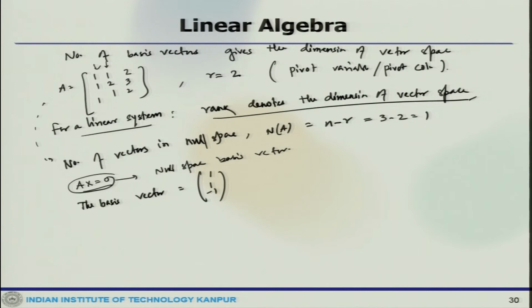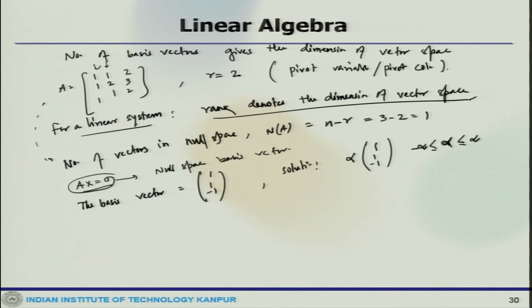And the solution would be alpha into 1 1 minus 1, where alpha goes between minus infinity and plus infinity.